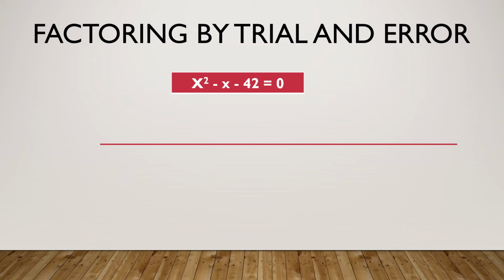So if we're going to add 6 and 7, then that would be 13, and that's not the coefficient of the middle term. But if we're going to subtract 6 minus 7, then that would be negative 1, and that is the coefficient of the middle term.